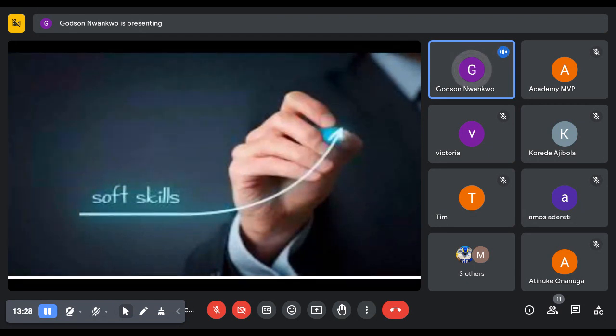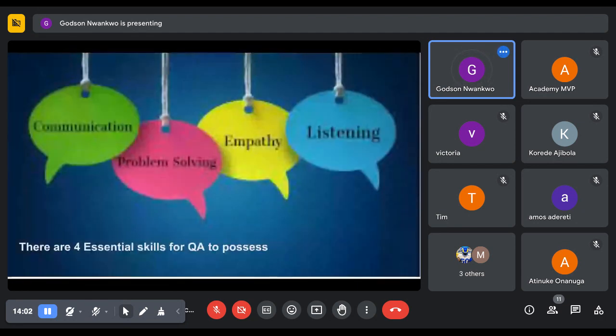It's what makes us collaborate with other people in the office or in our workspace, because no matter what you know as a QA engineer when it comes to hard skills, you need soft skills to deliver in your job, and also to be efficient.